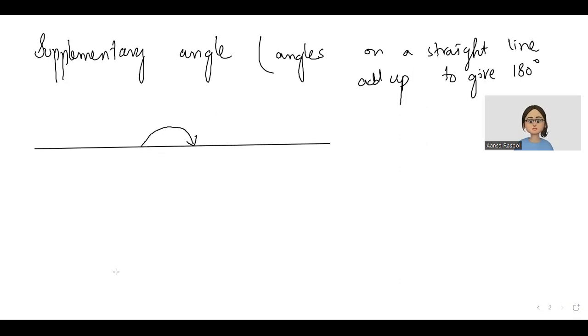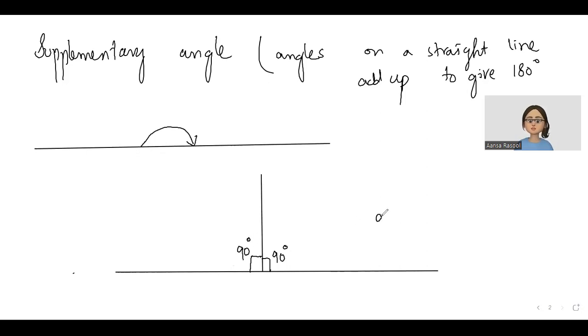Any angles, they can be 2, 3, 4, 5 angles, but all the angles on a straight line at one point will give us 180 degrees. Let me give you an example. If a line is drawn like this, this is 90 degrees and this is also 90 degrees. So 90 plus 90 gives us 180 degrees.